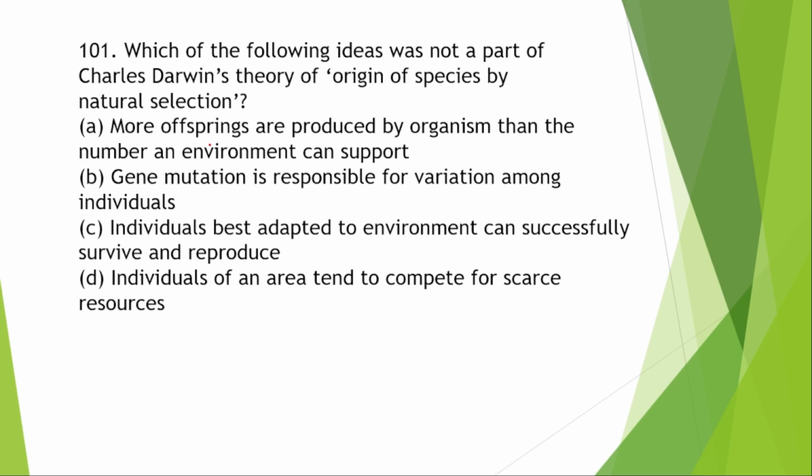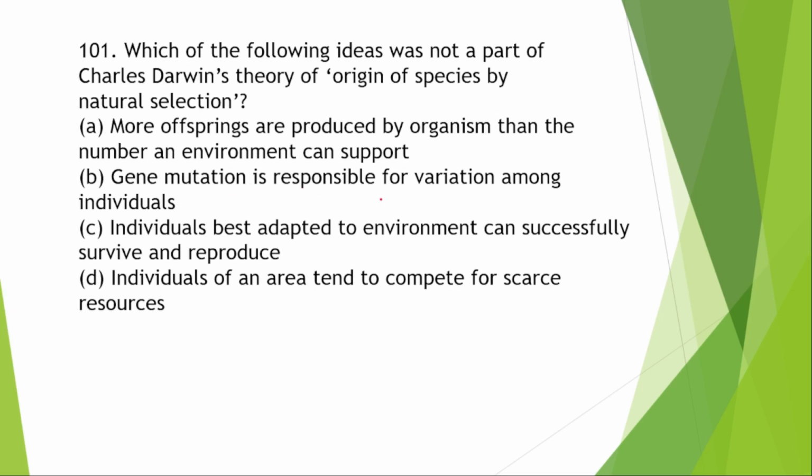101. Which of the following ideas was not a part of Charles Darwin's theory of origin of species by natural selection? A. More offspring are produced by organisms than the number an environment can support. Not a part, he is asking. Actually, this is a core part of Darwin's theory, that is overproduction.